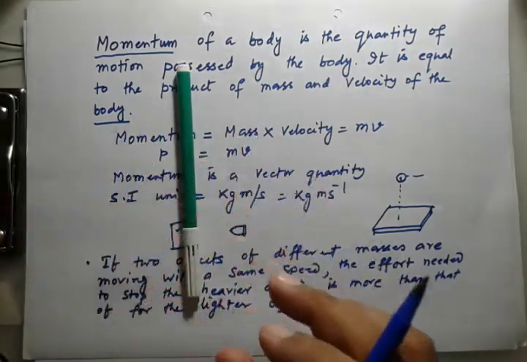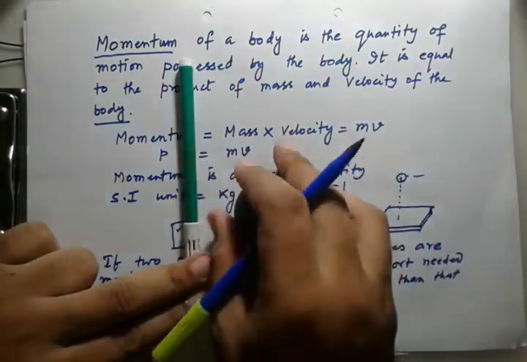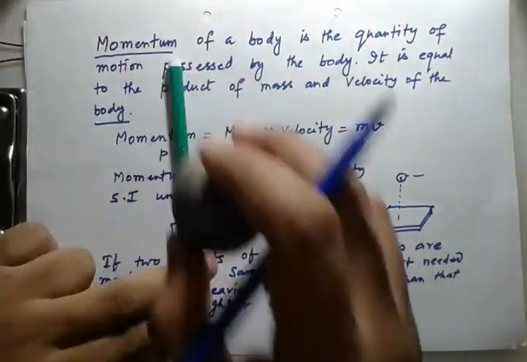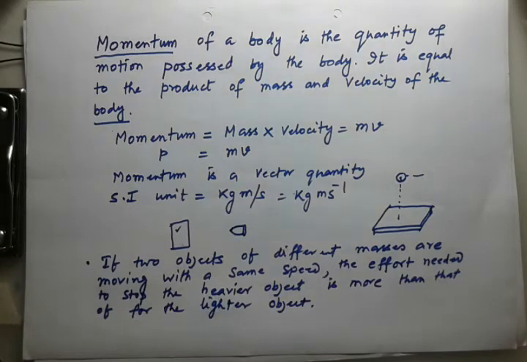Now if I take the bigger ball, see, it will cross that object. That is why it is very difficult to stop this bigger ball, whereas it is very easy to stop this small one. That is the concept of momentum. Now we'll go to some other explanation of momentum.